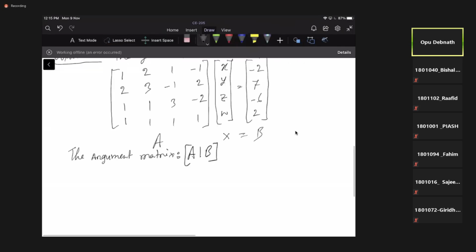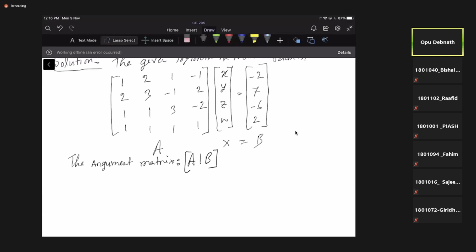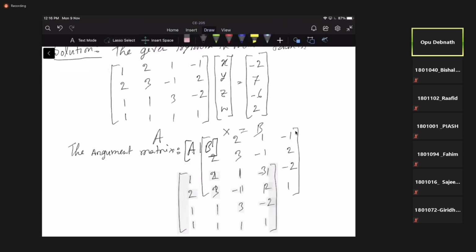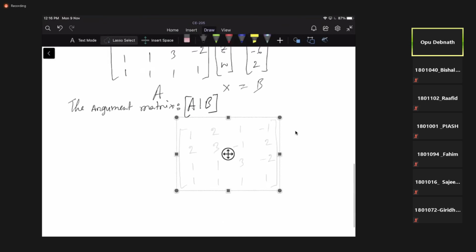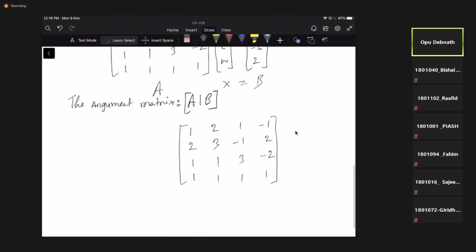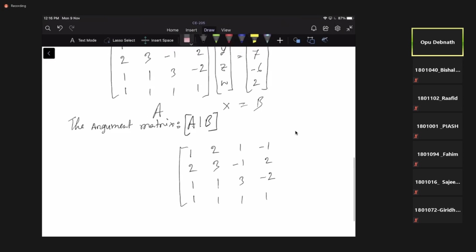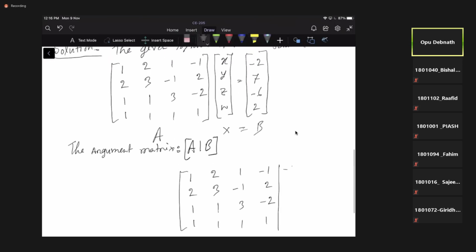Let me start the augmented matrix. Minus 2, 7, minus 6, 2.